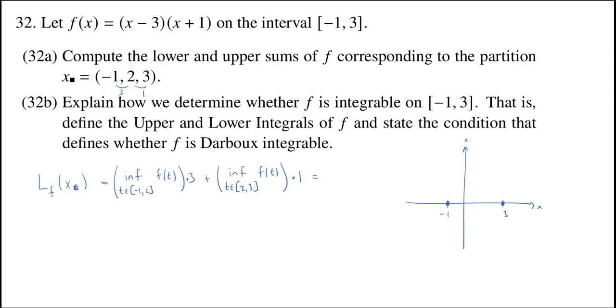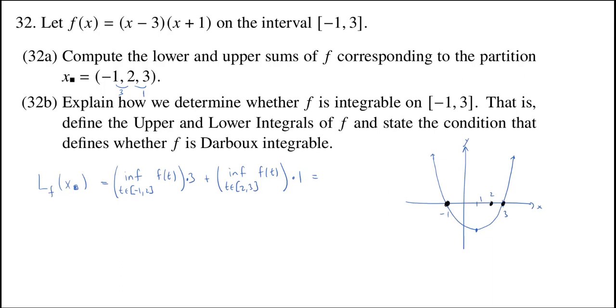So right down the middle, which I guess, let's see, that should be at 1, we're going to have a vertex somewhere down here. It doesn't really matter at the moment. We'll find out if we need to know the y coordinate. So do we need to know the y coordinate of that vertex? Well, let's see. So 2 is over here. That's going to be important because our partition is at -1, 2, and at 3.